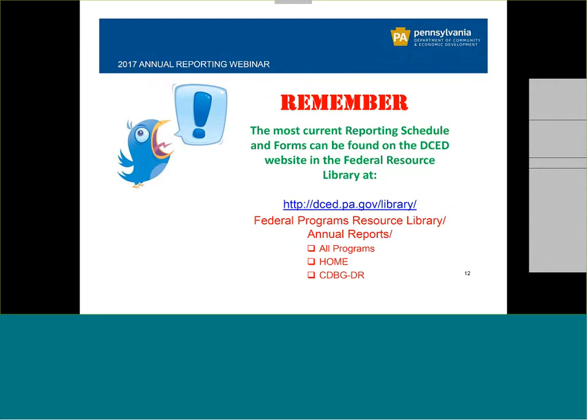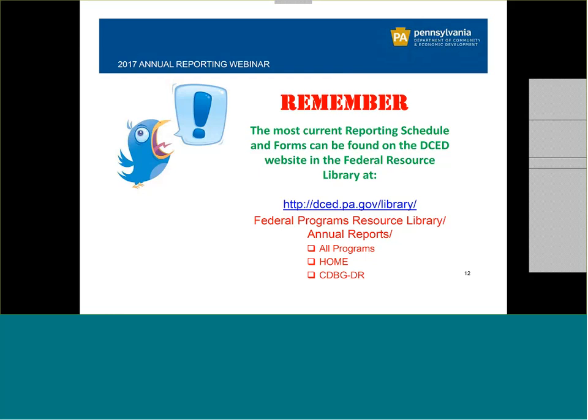Okay, so remember, the most current reporting schedule and forms can be found on the DCED website in the Federal Resource Library. There is the address for the library. Once you get into the library, go to the Federal Programs Resource Library. There are annual reports, and then there are three tabs under that.